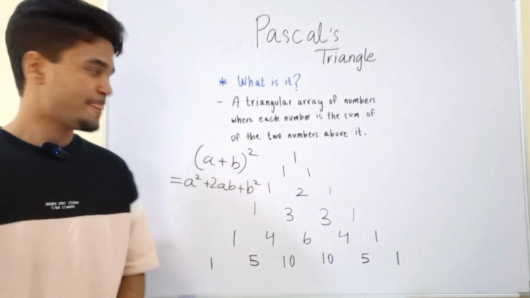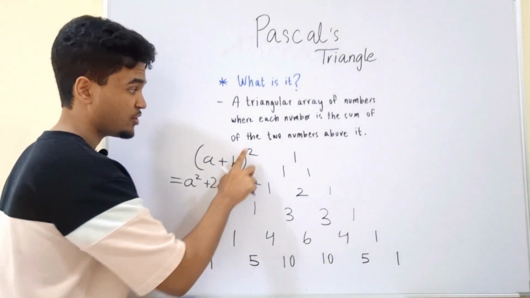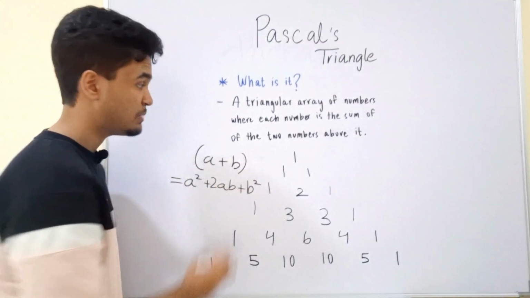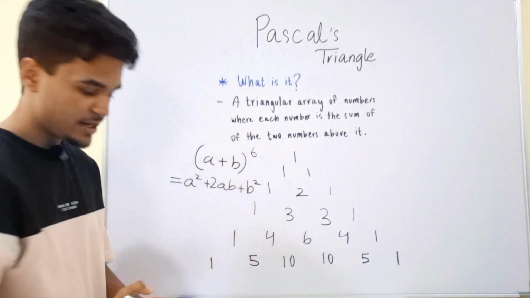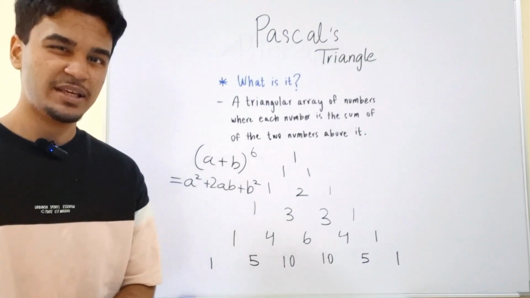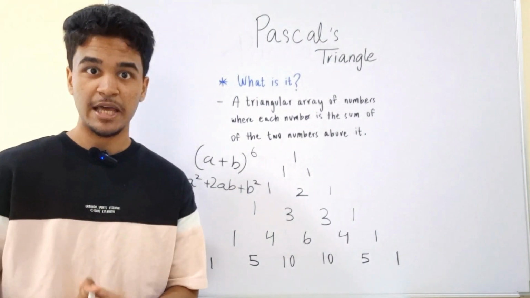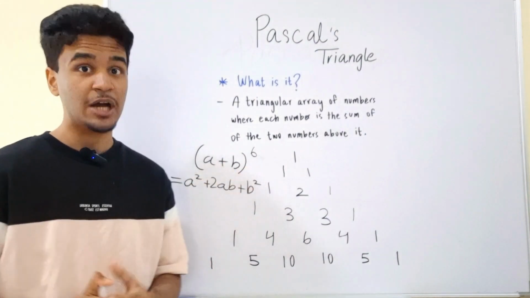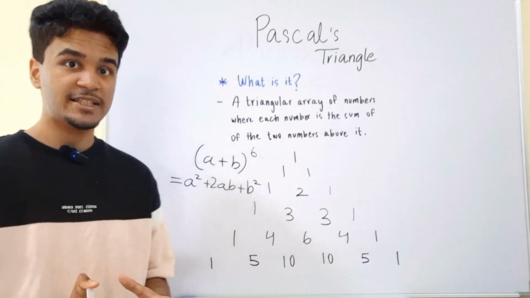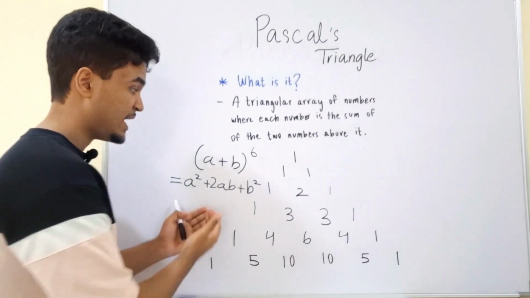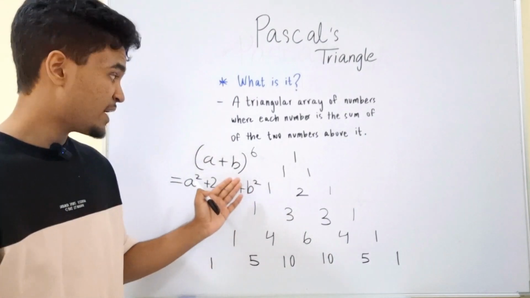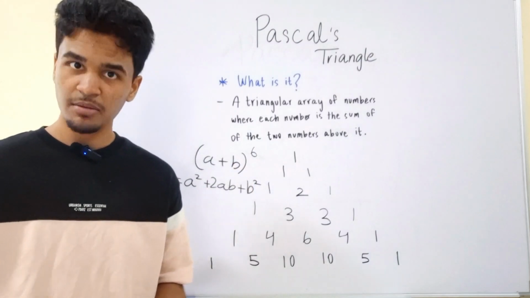Now let's say this bracket was not to the power of 2, but instead to the power of 6. Now how would you expand that? That's going to be a bit of a tricky question because that number is quite a big exponent. It's going to be hard to memorize the expanded form for a bracket to the power of such a big number, right?